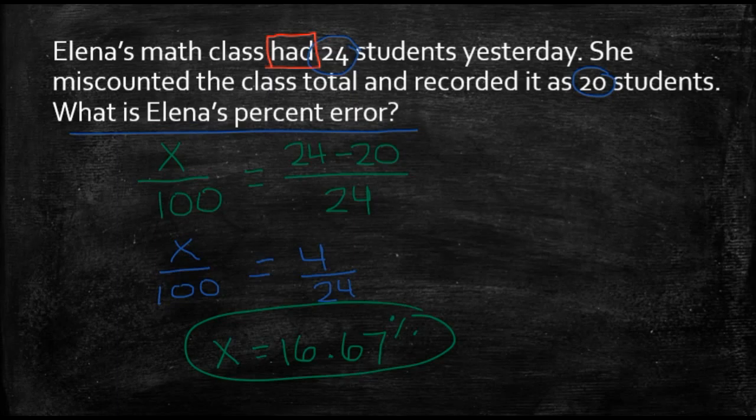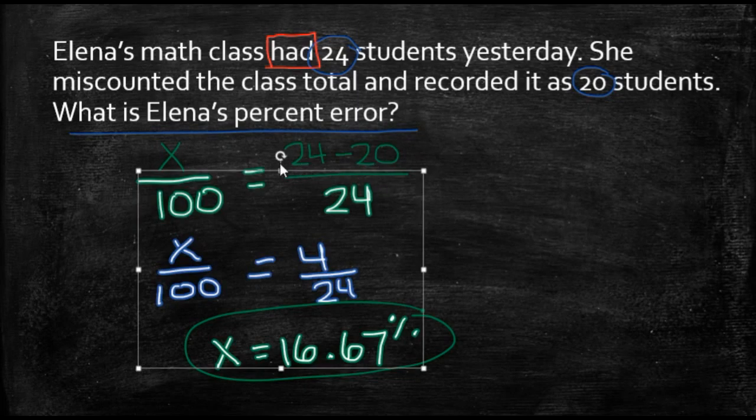Your percent's always going to be on the upper left. 100 is going to be on the bottom left. The only new thing that we're doing that's different from what we did before is the subtraction on the upper right. And you'll always do that on the upper right. So this one is the larger number, subtract the smaller number. Then you divide it by the real number.